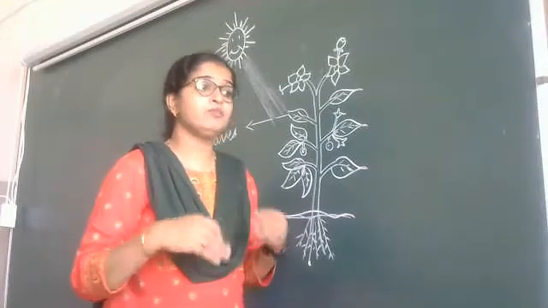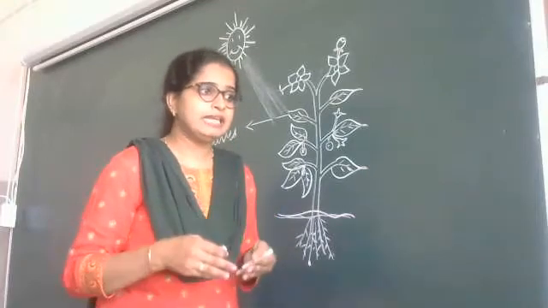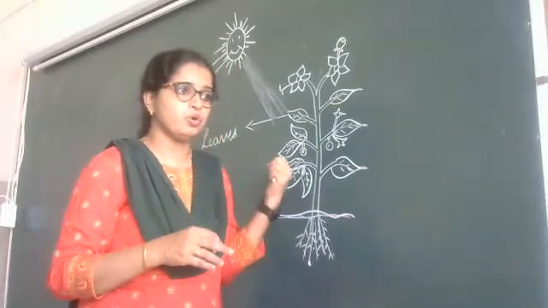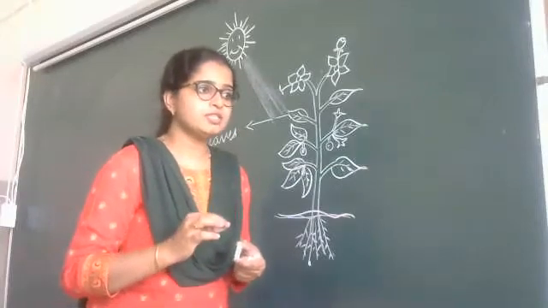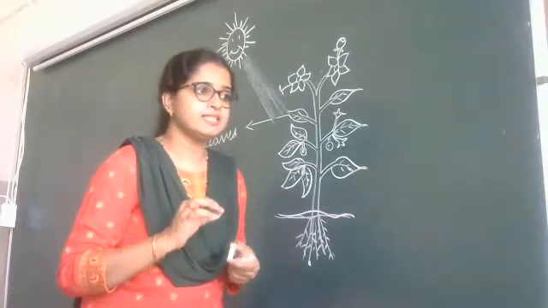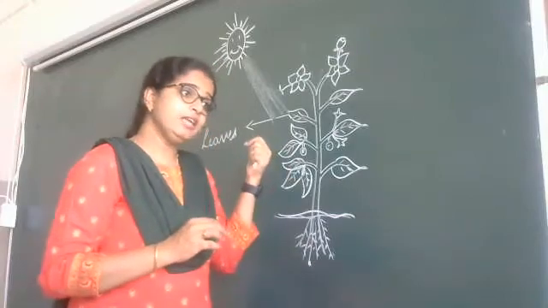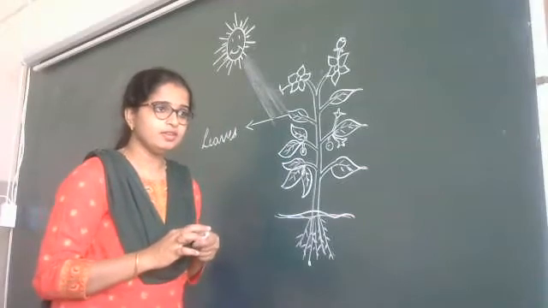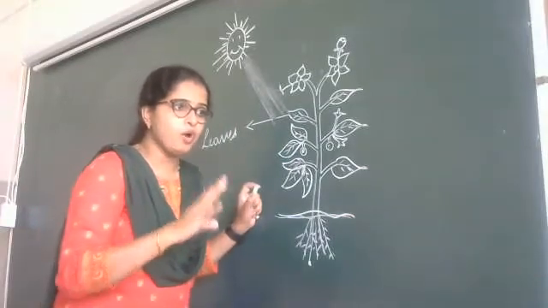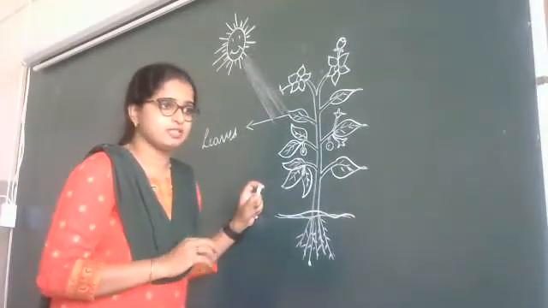Just for your knowledge's sake, I am telling this word because you should also know what this process is called. This process is called photosynthesis, where the leaves prepare food for the plant, by using sunlight, water, and other elements.